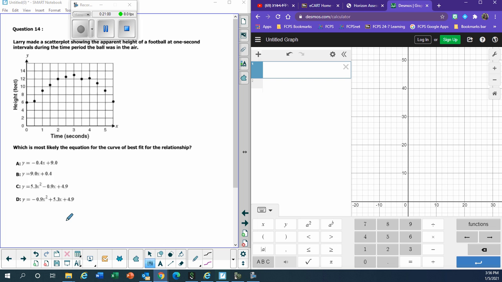So definitely it's going to be a negative curve because it's going down. So I'm going to definitely delete C and D because those are the positive curves. So I'm going to try, okay, is it y equals negative 0.4x? Oh, I forgot to put y in front of it.